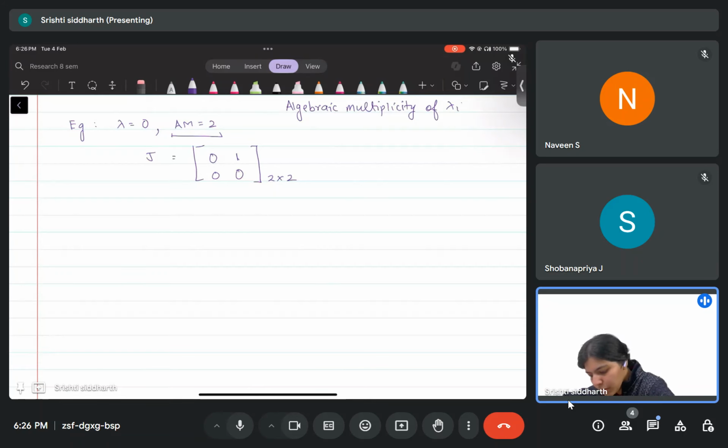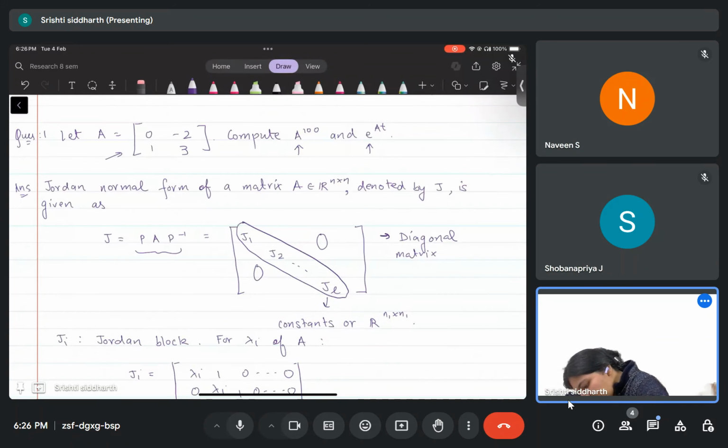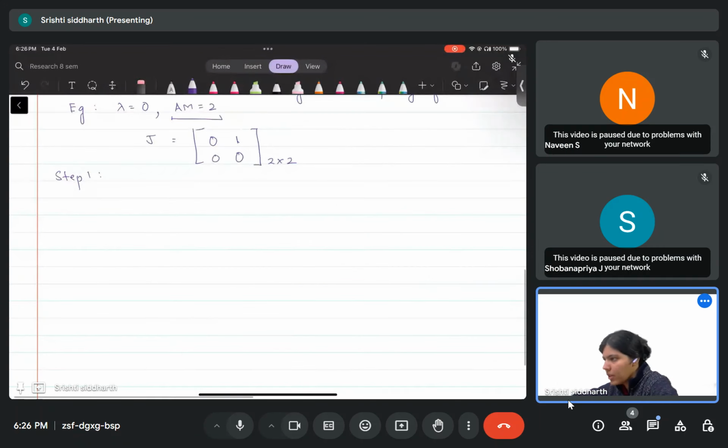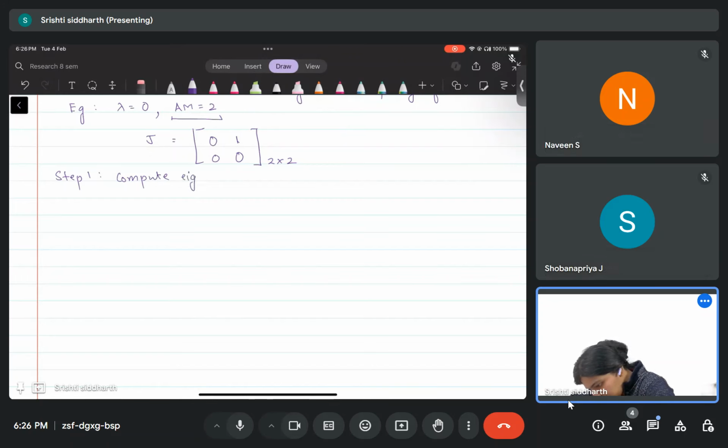So to get the Jordan normal form, we need the matrix P. To form the matrix P, the first step is to compute eigenvalues and eigenvectors of the matrix A. Then step 2: for example, you have some eigenvalue lambda i.